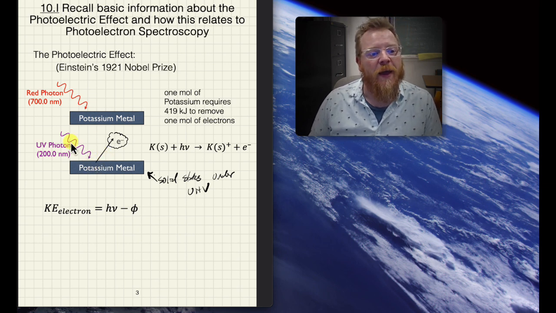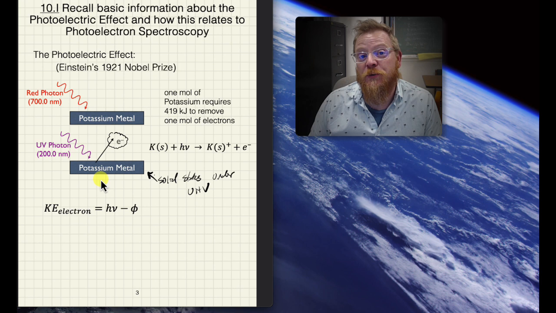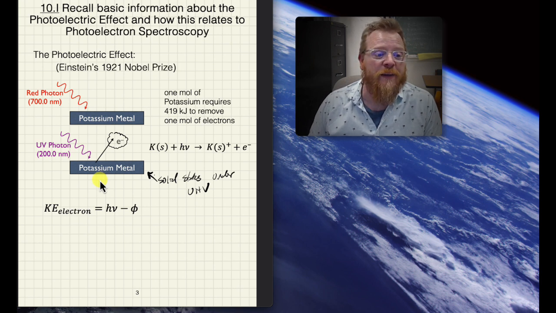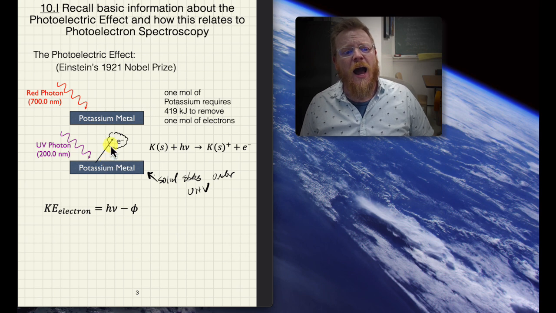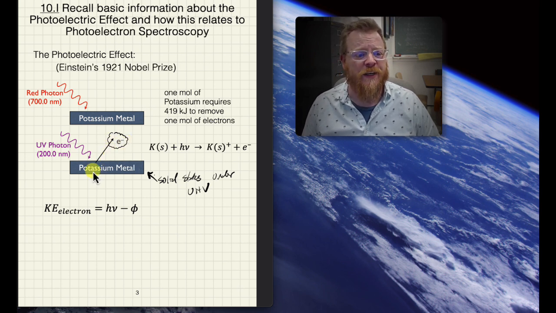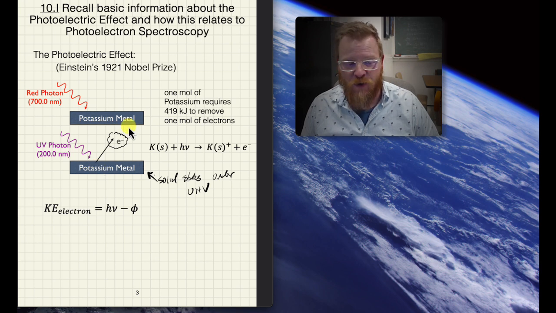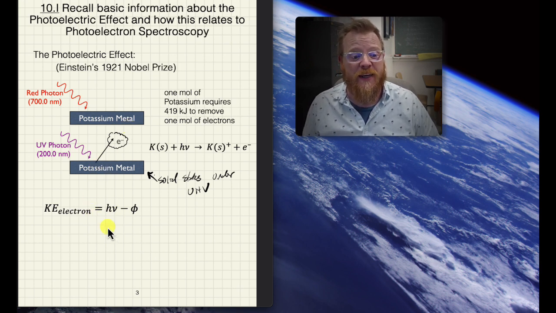As you imagine, we have to use a certain threshold wavelength of light to induce photoionization. The way this all works is we start backwards with the kinetic energy of the electron as it comes off of the surface. That kinetic energy must be equal to h nu, which is our incident photon energy.